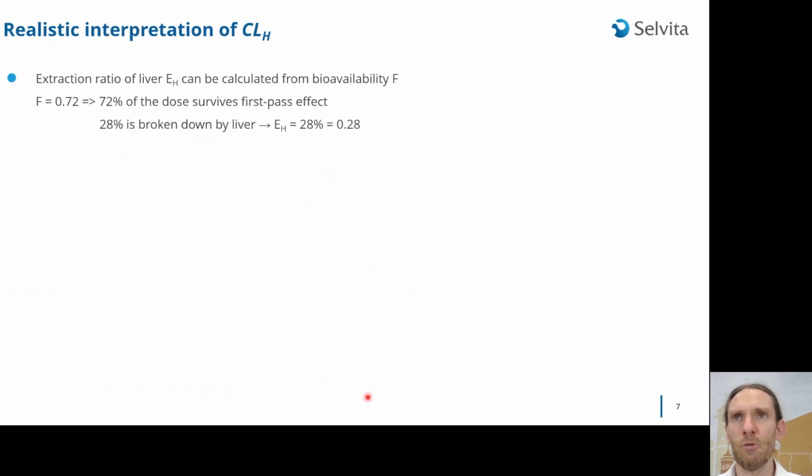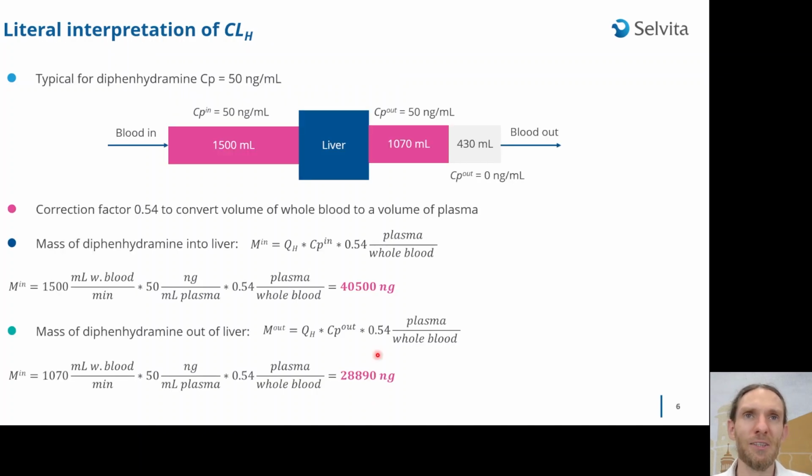Now let's go to the realistic interpretation, because it's not like the liver somehow separates pure blood and the blood with the compound. It just decreases the concentration.